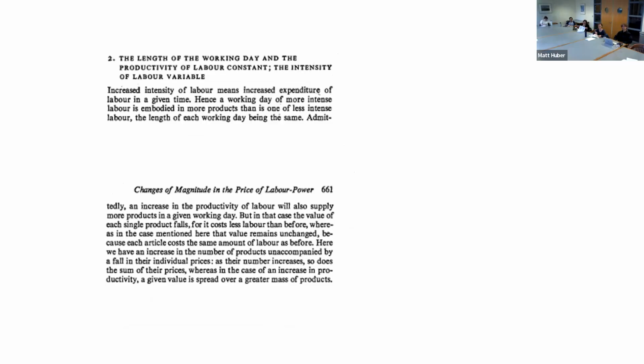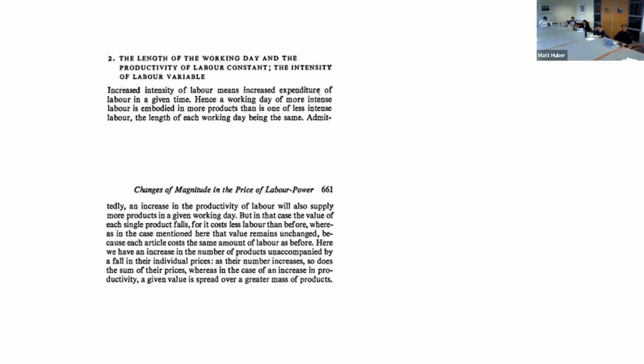Then he says, admittedly, an increase in the productivity of labor will also supply more products in a given working day. But in that case, the value of each single product falls, for it costs less labor than before, whereas in the case mentioned here, that value remains unchanged because each article costs the same amount of labor as before.